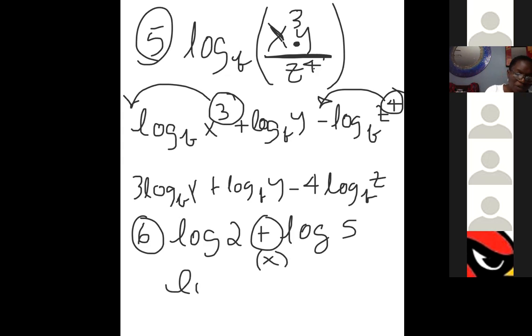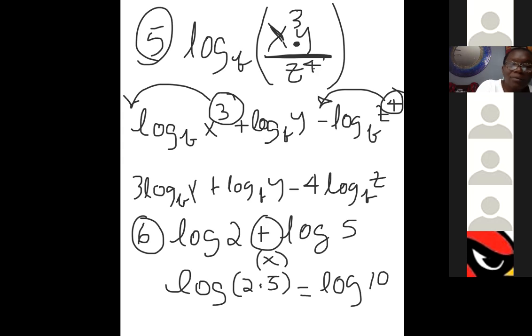So you're going to keep the log and multiply the 2 arguments together, 2 times 5. And 2 times 5 gives you 10. What's log 10 simplified to, guys? What does log 10 simplify to? 1. Just like that, you're done.